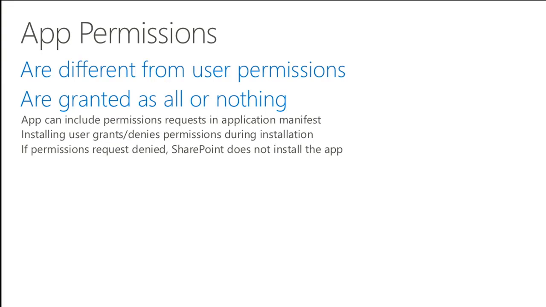And when your end users try to install the app in their own environment, they will be prompted with the list of permission requests that you declared in the app manifest, and they will be able to grant or not to grant those permissions on an all or nothing basis. If they grant permissions, the app will be installed. If they deny those permission requests, the app will not be installed at all. Okay?